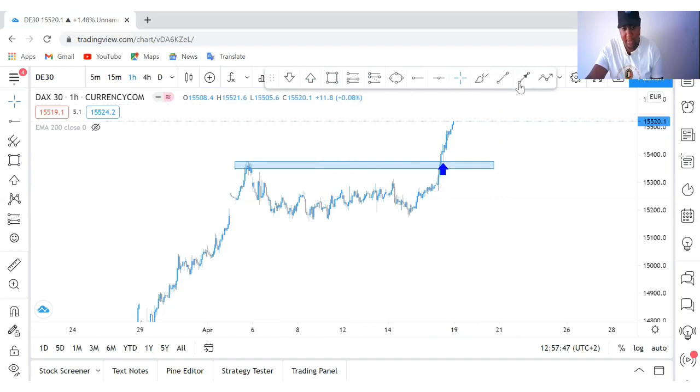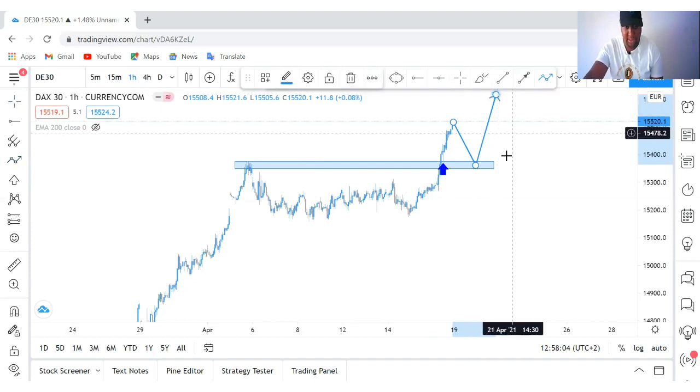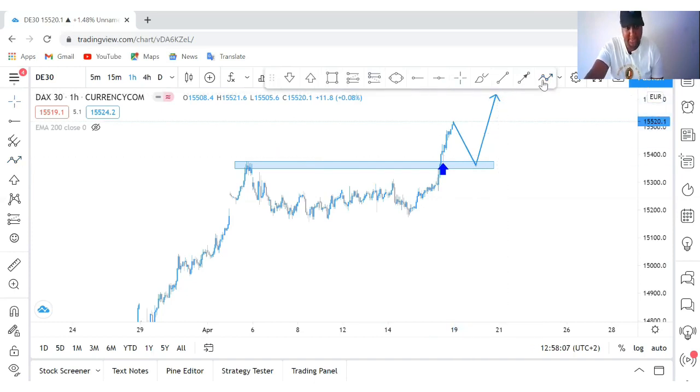Therefore, I am anticipating on my side that there will be a small retest right there, creating a higher bottom. Then obviously we get that move to the upside.